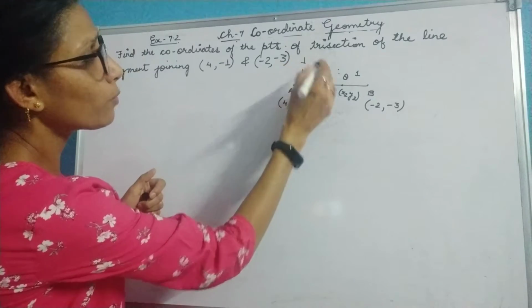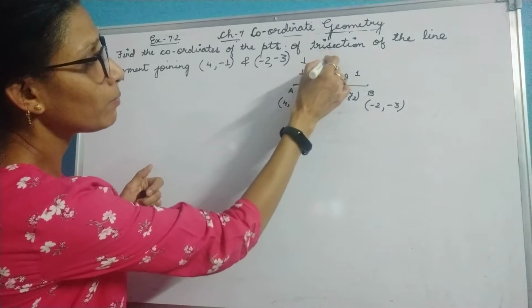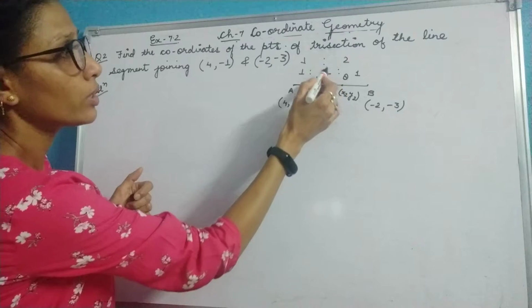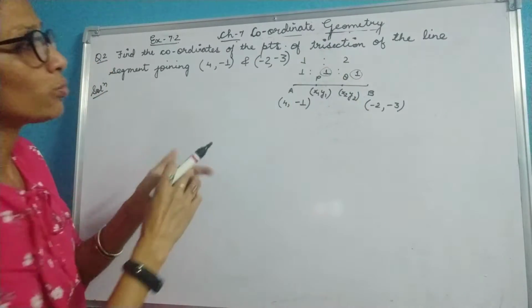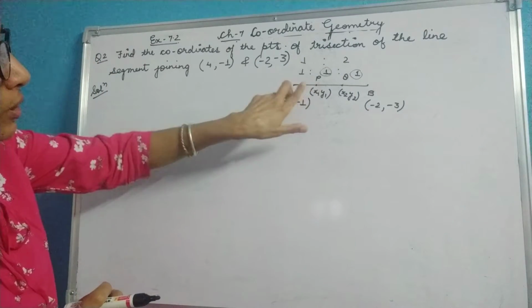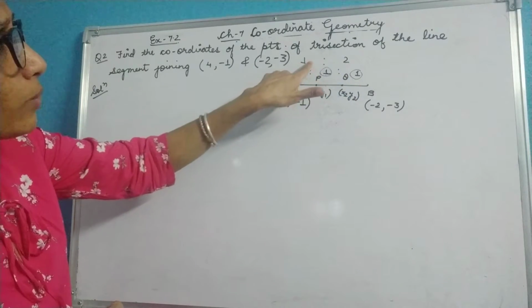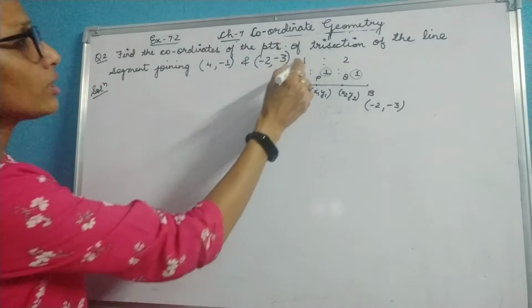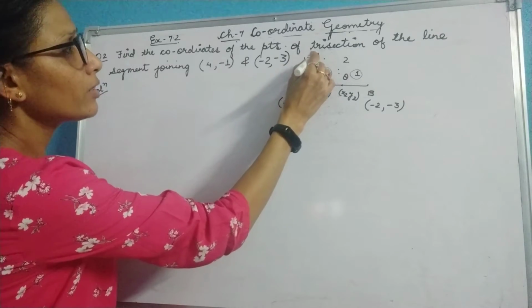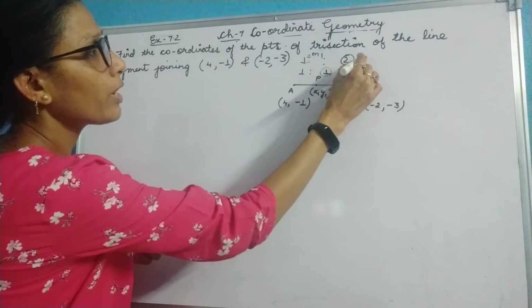That means your point P divides line AB in 1:2 ratio. Here I have added these two. So if this is point P, this is 1 and the rest part is 2. That's why I have written 1:2. So this 1 will be your M1 and this 2 will be your M2.